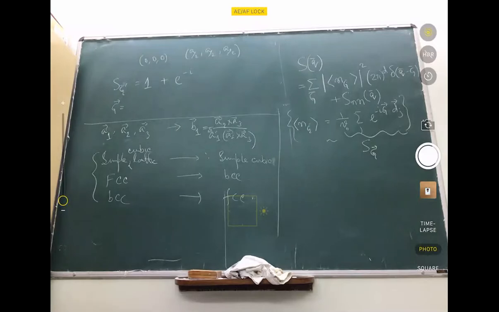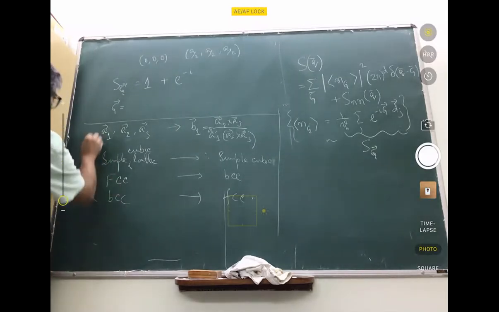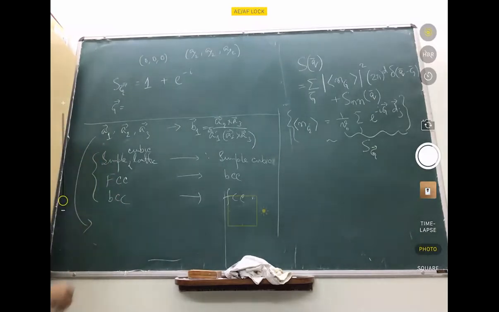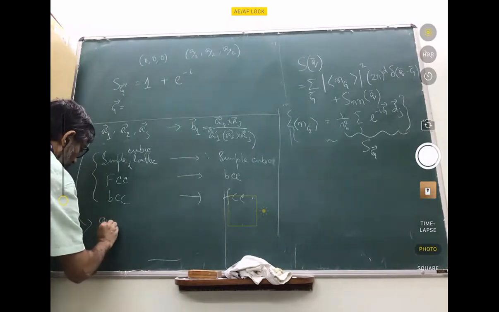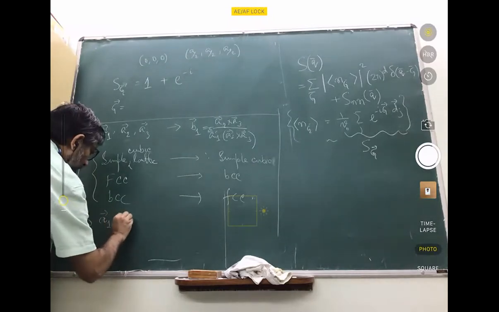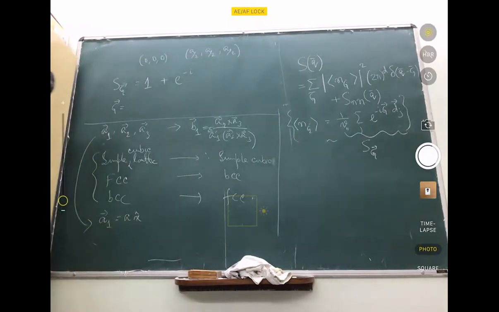All right. If I'm in a simple cubic lattice, then a1 is simply a times x cap.